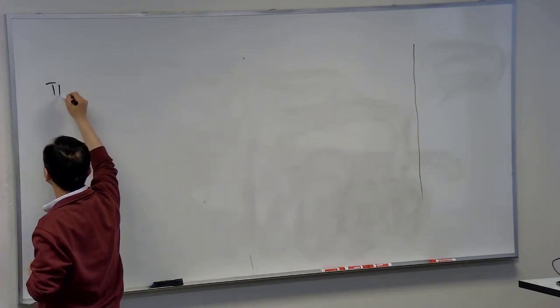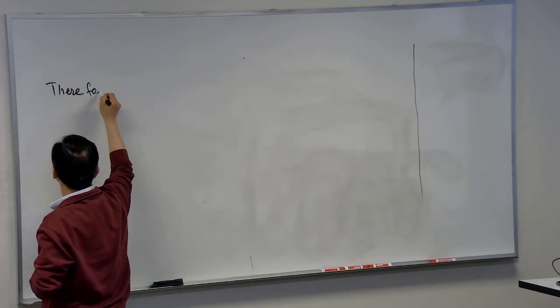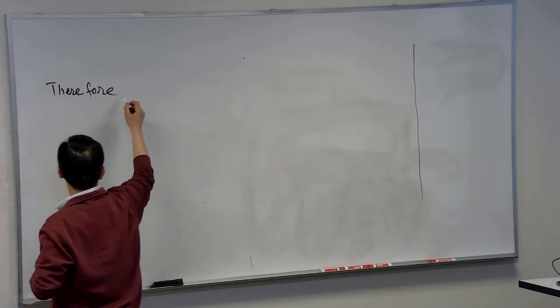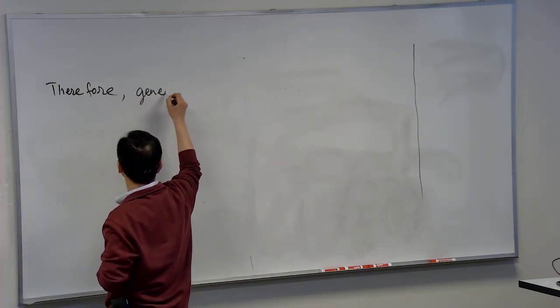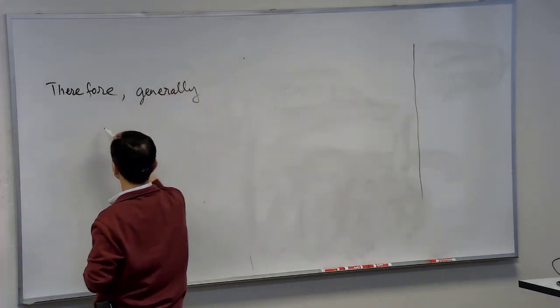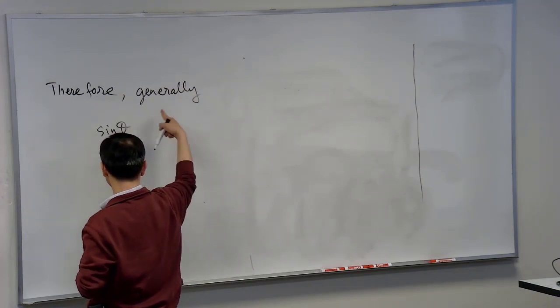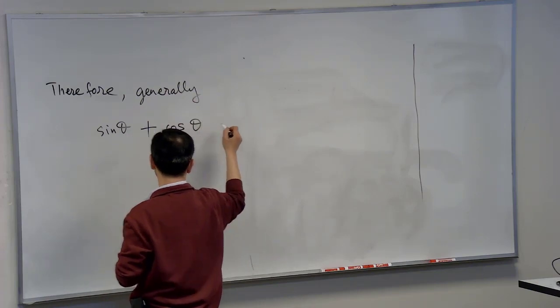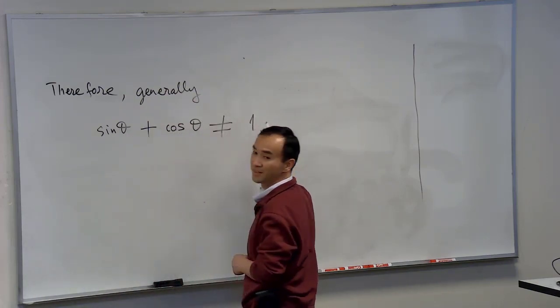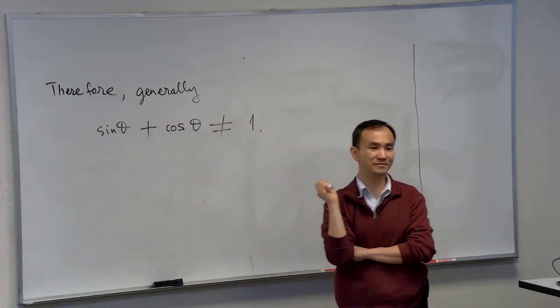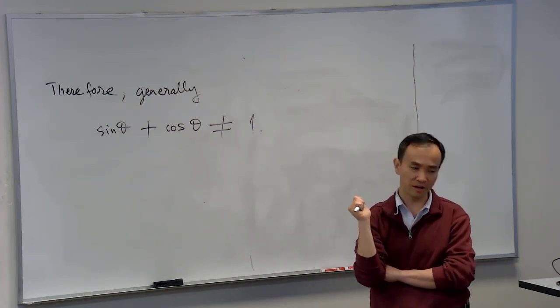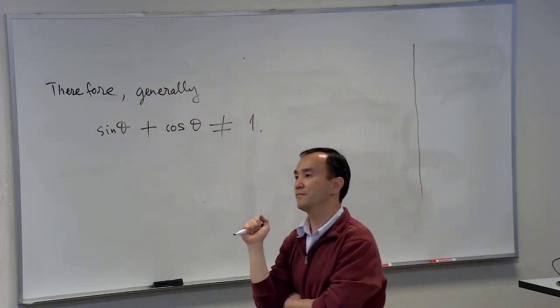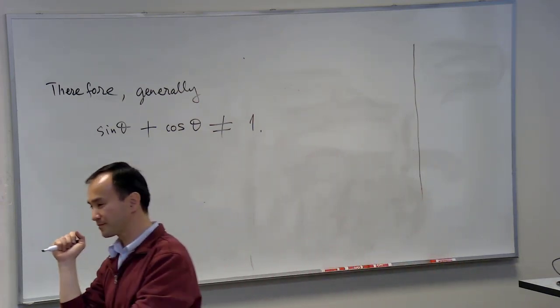So therefore, in general, for all values, sine of theta plus cosine of theta is not necessarily equal to 1. Okay? It's not always equal to 1. Yeah? So we have just disproved it.